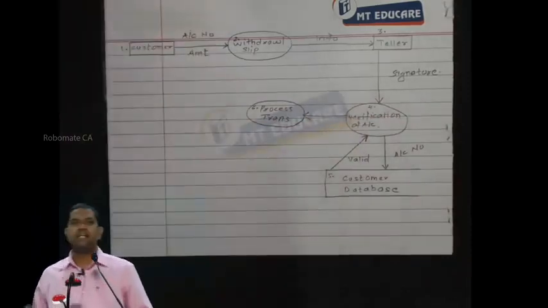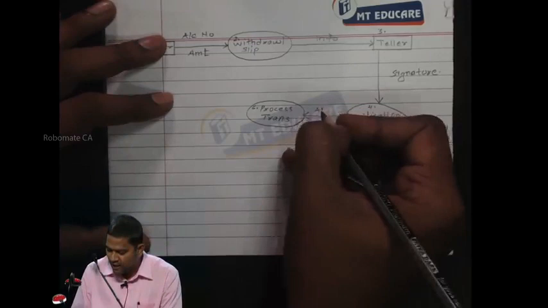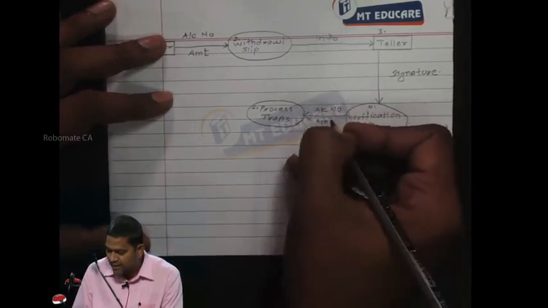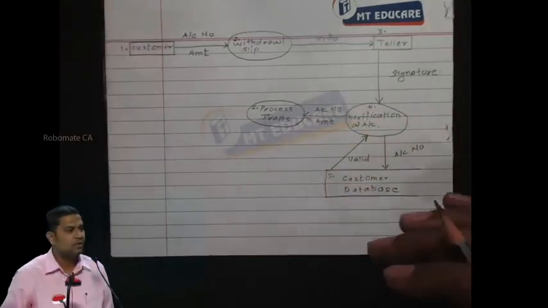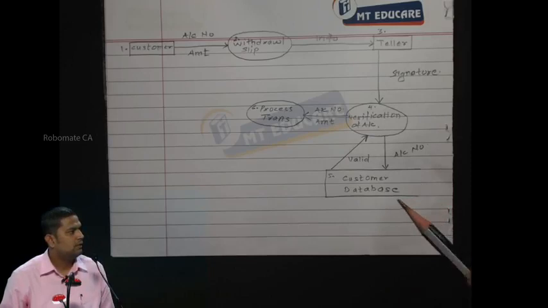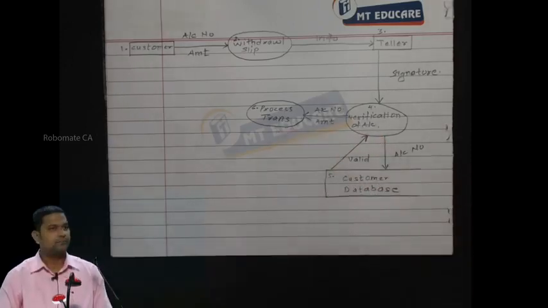We are processing the transaction, and for processing the transaction, we have to again give the account number. Now this is verified, and the amount that has to be debited from my account. So all this data is now given to the process transaction.